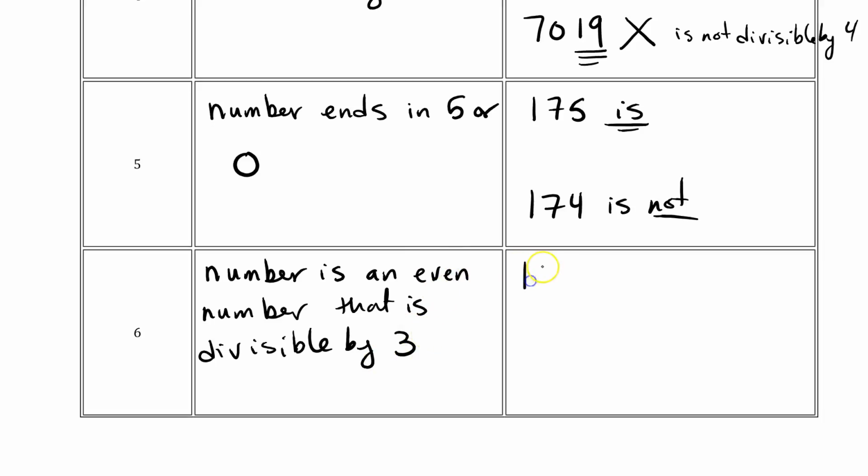So if we look at the number 114, we know that it's even. So since it's even, let's see if it's divisible by 3. 1 plus 1 plus 4 is 6, which is divisible by 3. So we know that 114 is divisible by 6.